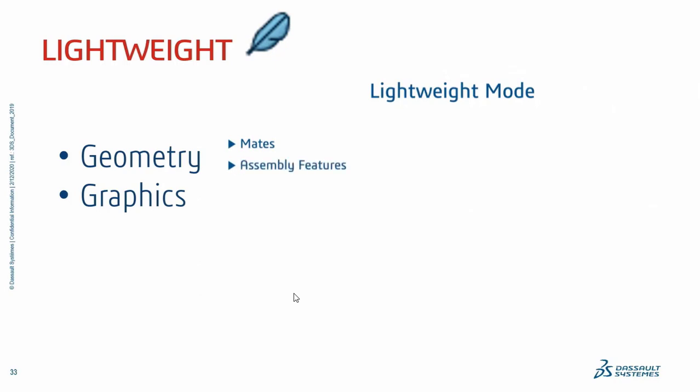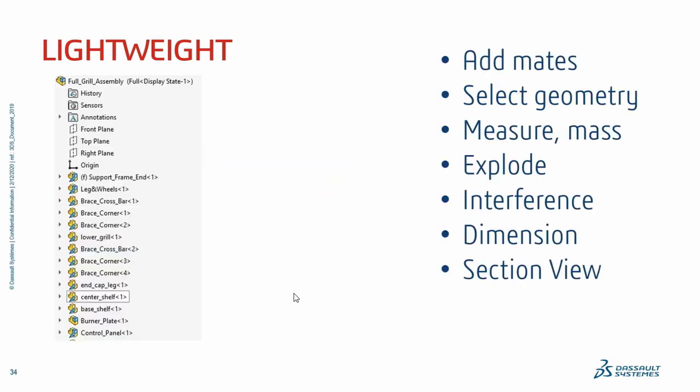When you open the file, first think about what you have to do in the assembly: whether you want to change the parameters, or just change the geometry or graphics of the model. In lightweight mode, you can add mates, select geometry, measure, and use mass properties.